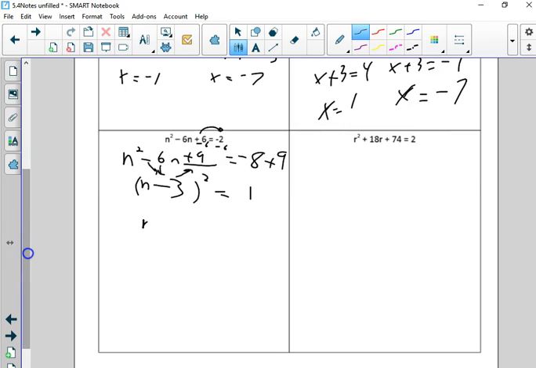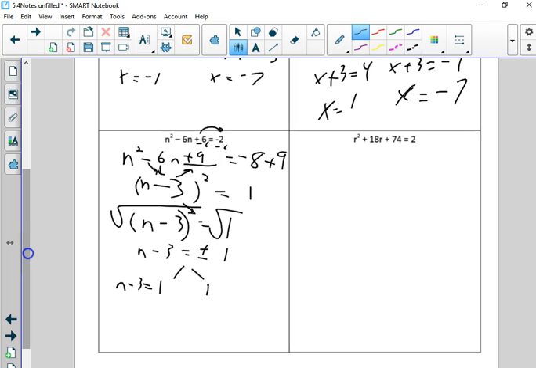At this point, I'm just going to rewrite this for clarity's sake. I square root both sides. I square root there. That gives me n minus 3. Square root of 1 is easy. That's just 1. Write it down. N minus 3 equals 1. N minus 3 equals negative 1. Add 3. N equals 4.